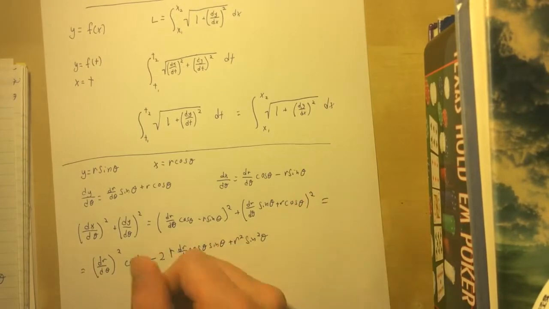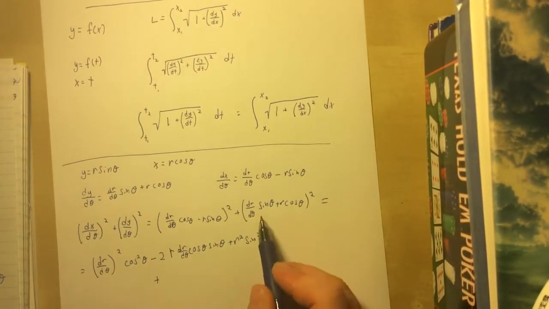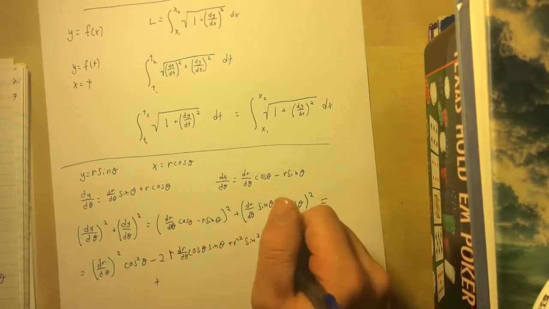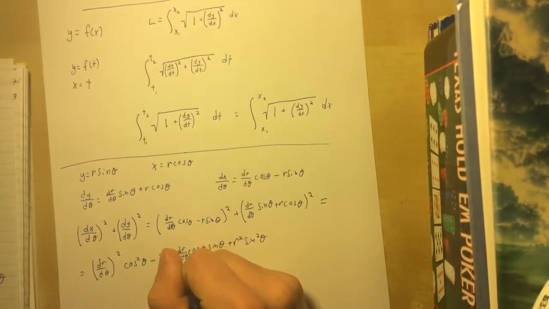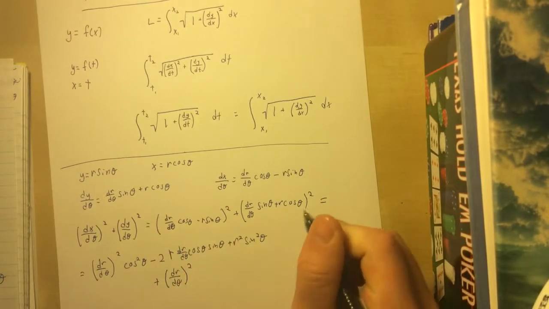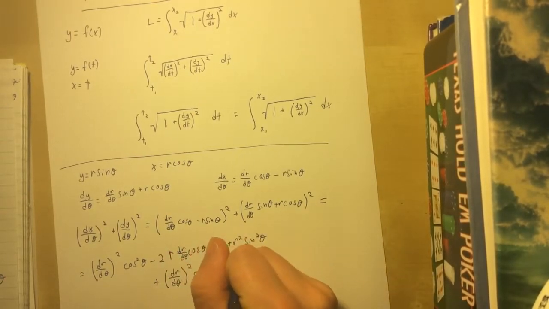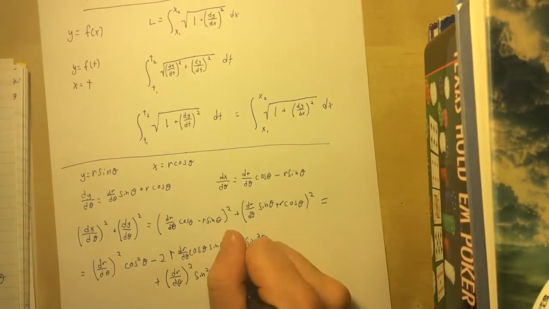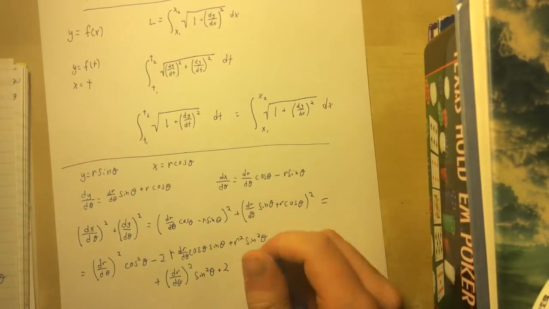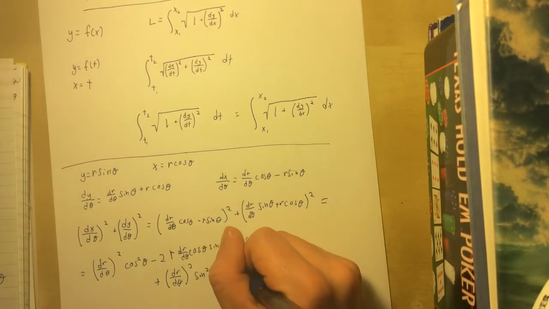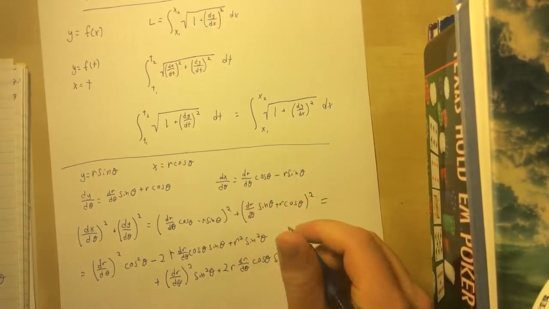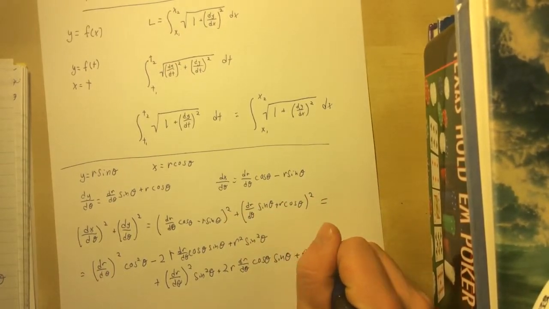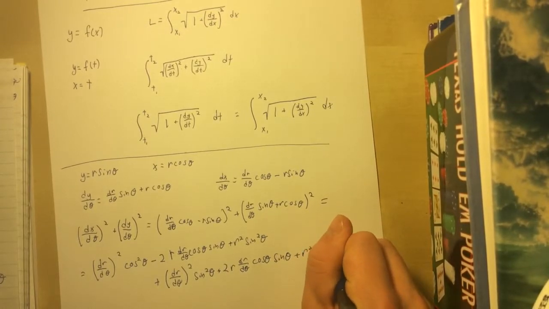We add to that the second square: dr d theta squared sine squared theta, plus 2 times the product, so 2 r dr d theta cosine theta sine theta, plus r squared cosine squared theta.